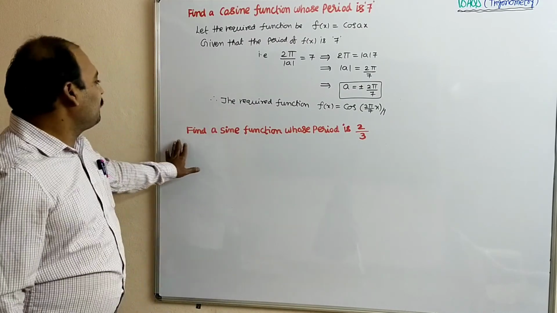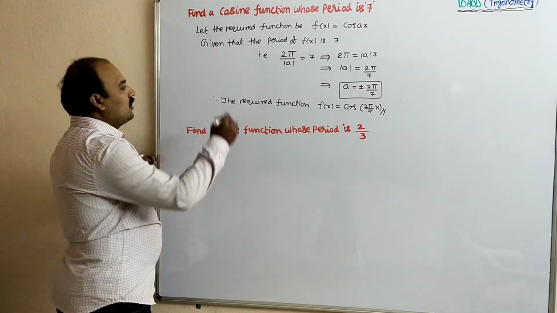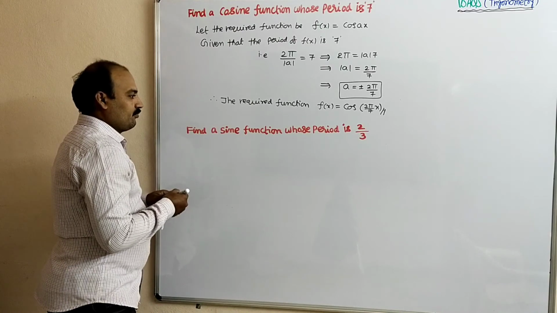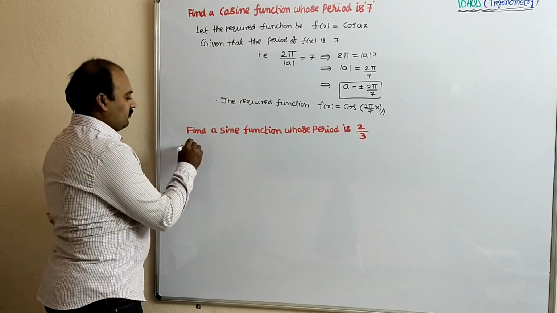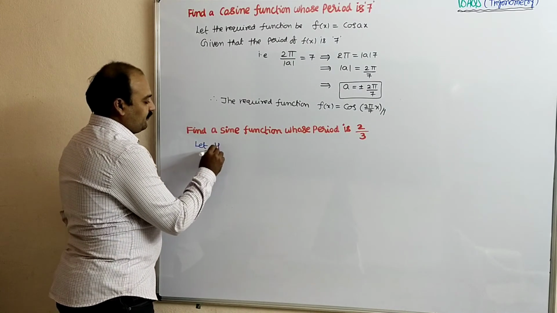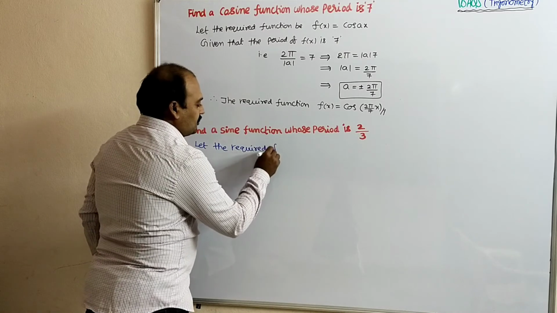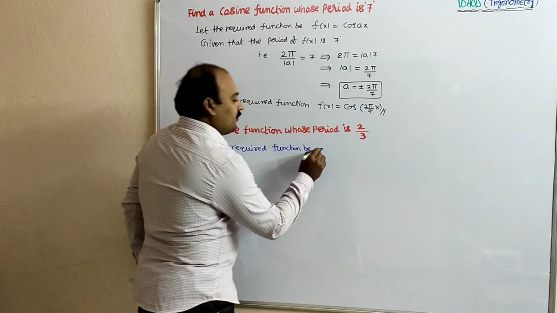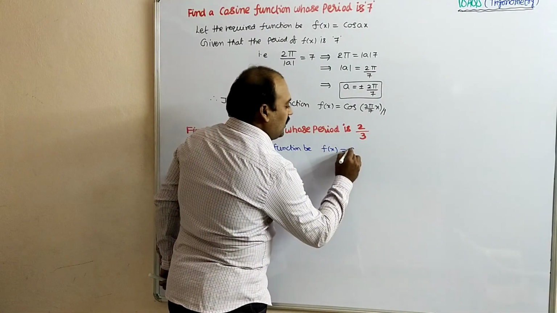Here is the next one. Find a sine function whose period is 2 by 3. So let the required function be f of x equal to, here a sine function is there, so sin ax I am taking.